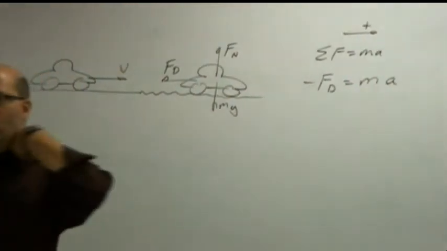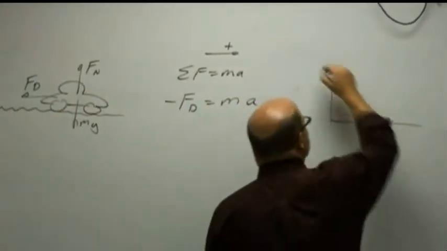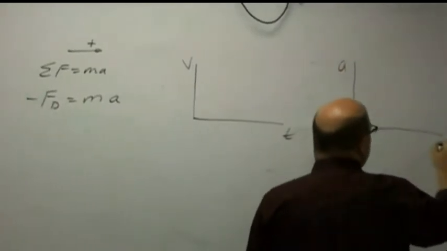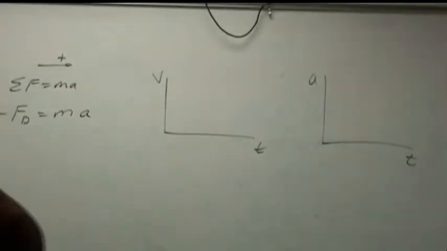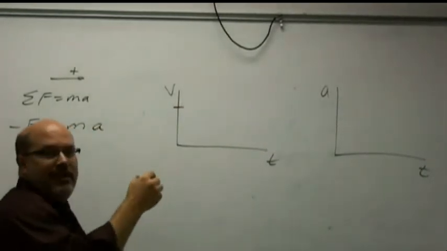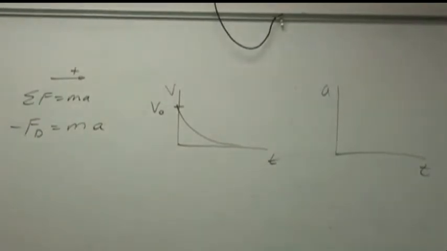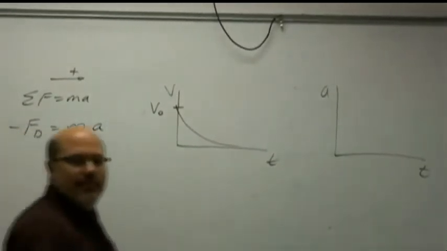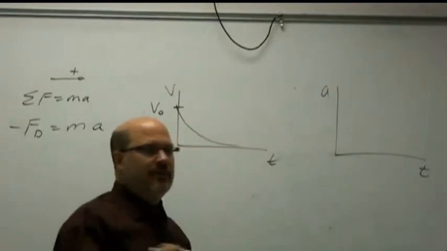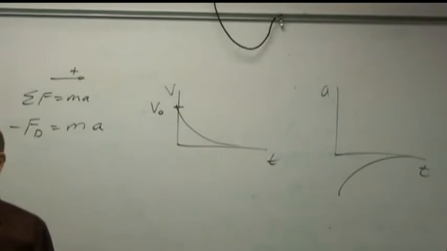What will the velocity and acceleration of the vehicle look like? Don't tell me, sketch it. So this is your initial velocity here, v naught, and then you go like this, right? Okay, what does your acceleration look like? Just like that, flip it under. Why is it negative?